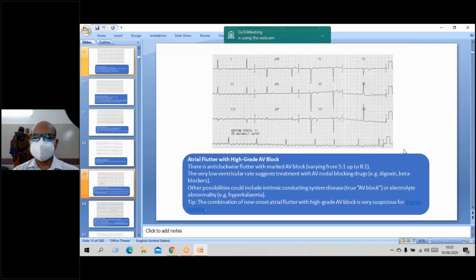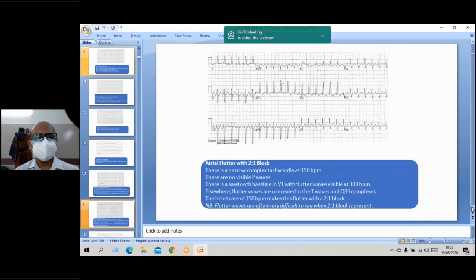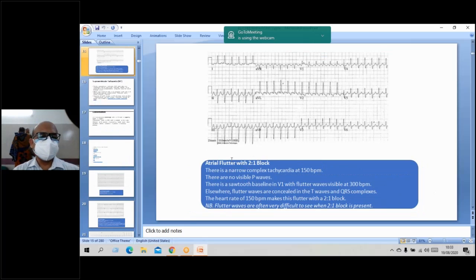Typical sawtooth appearance. You will diagnose atrial flutter. And 2:1 is another option. This is another atrial flutter. Okay, this is the atrial flutter.